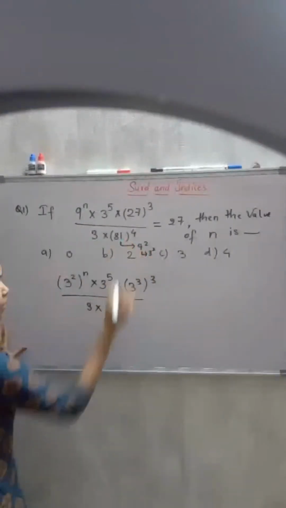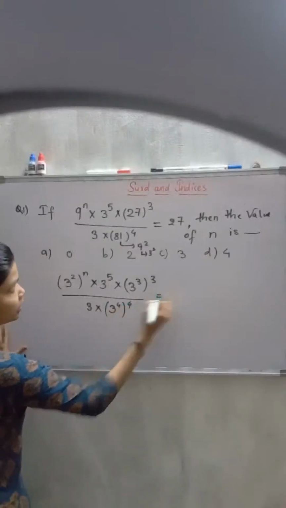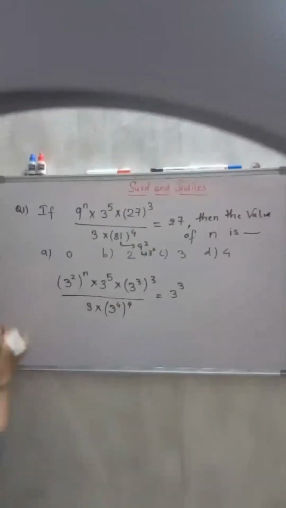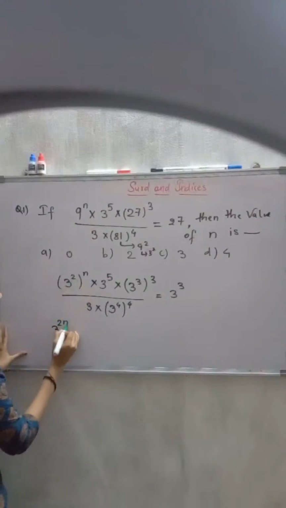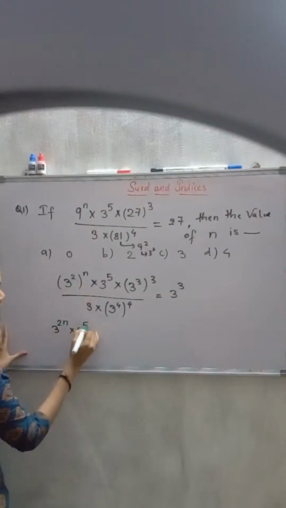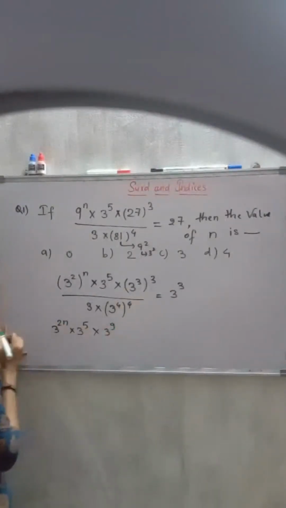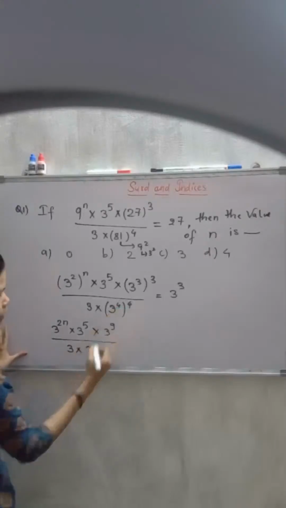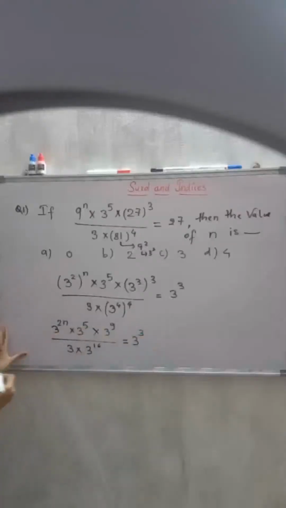So 3 to the power 4 whole raised to 4 equal to this 27, which is 3 to the power 3. Now power of power, we can multiply the powers. 3 to the power 2n into 3 to the power 5 into 3 to the power 9 by 3 into 3 to the power 4 4s are 16 equal to 3 power 3.